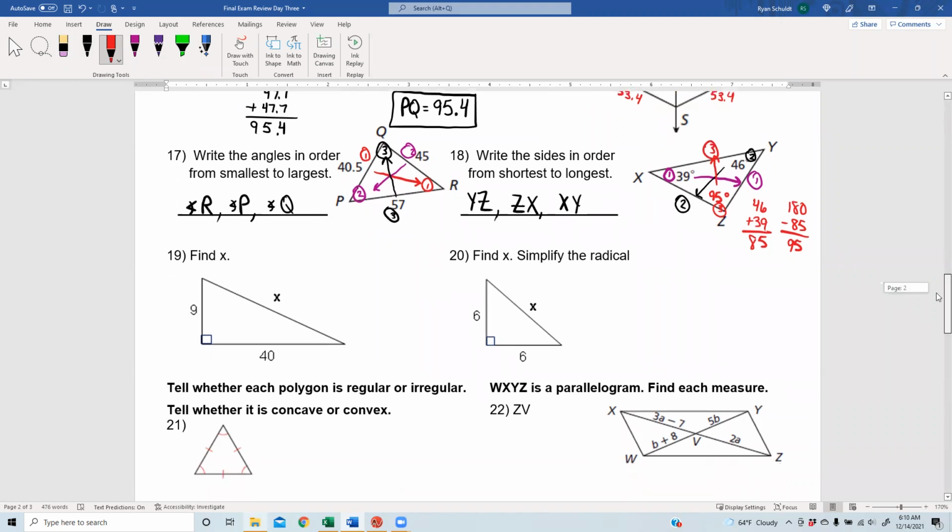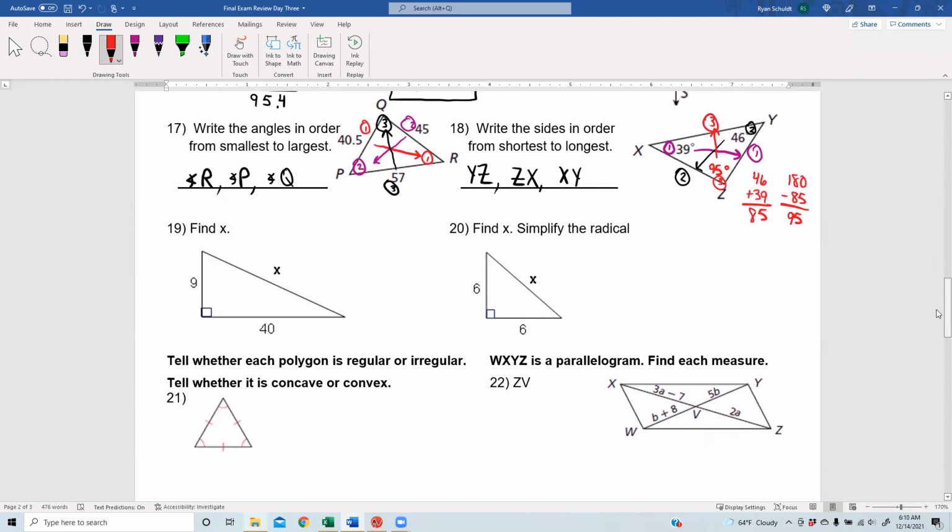Okay, moving on along. 19, we want to find X. Well, this is going to be a Pythagorean Theorem problem. Go across, there's your C. So 9 squared plus 40 squared equals X squared. 9 squared is 81. 40 squared is 1600.